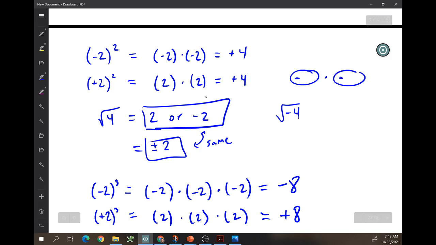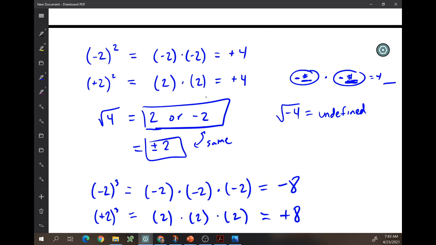What's a negative times a negative? It's a positive. Those can almost look like angry faces or something. So any negative number times another negative number is going to result in a positive number. So there's no number in the world that I can multiply by itself to give me negative 4. So this is actually undefined, or we can say DNE, does not exist.